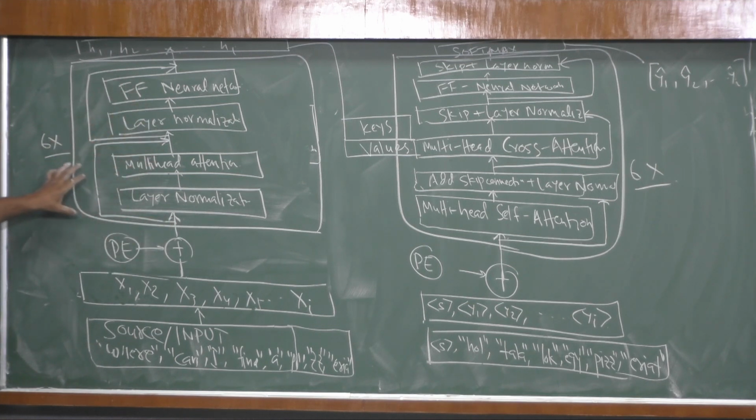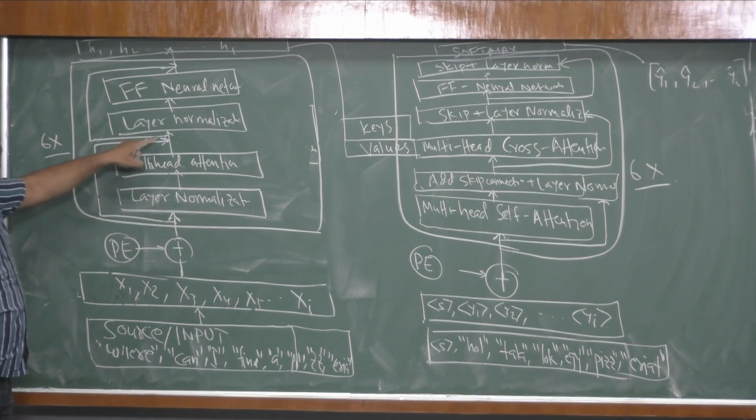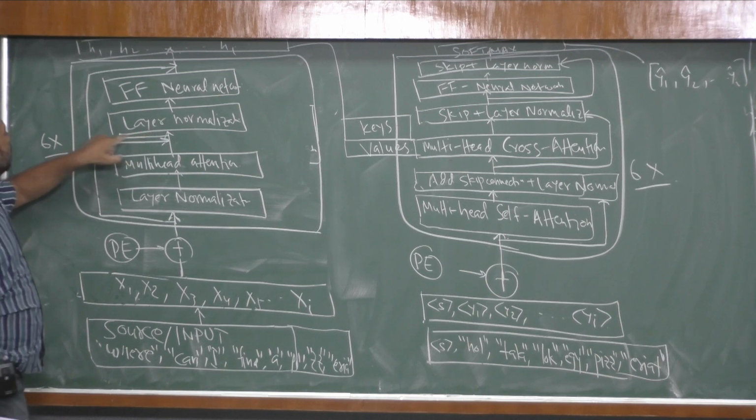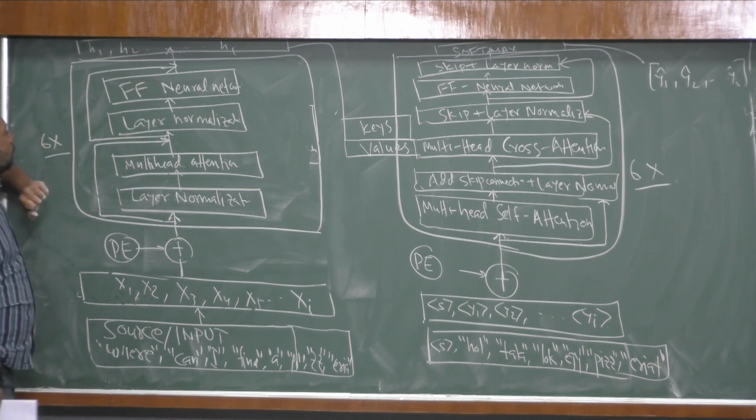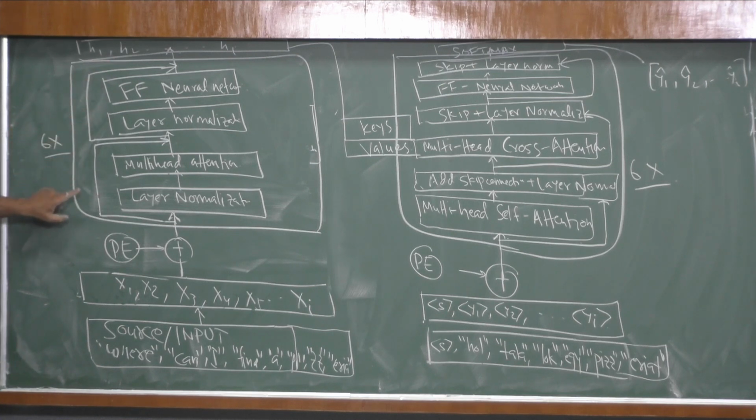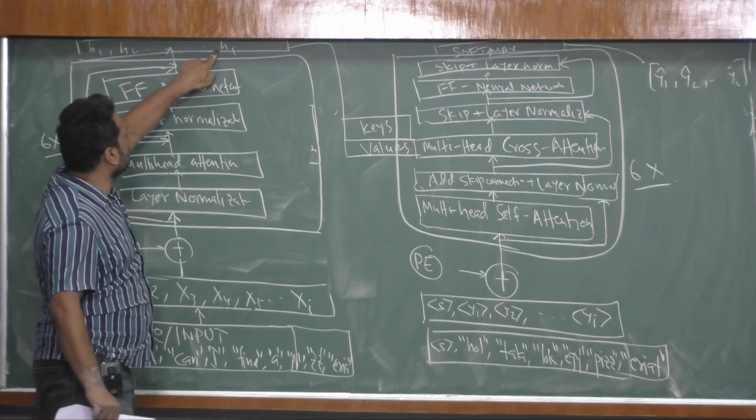So this is the modern variant of the encoder block. The way the skip connection is done in the original paper is slightly different, but this is more stable. Here the input data itself is fed directly along with the output of the multi-head attention. So these are the neural network tricks that are done. There are 2 skip connections here, and then layer normalizations, and then the output is produced. This output is again fed into another encoder block, and this is done 6 times. Once it's done 6 times, after the 6th time, the encoded outputs h1, h2, hi are created.